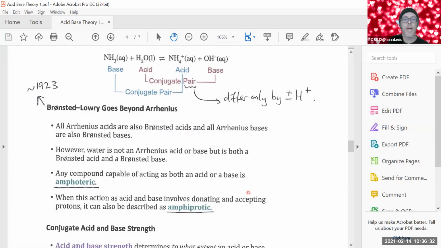Okay, so again, the Bronsted-Lowry theory built upon the Arrhenius ideas and came about a decade later, but definitely contemporary with the Arrhenius ideas. All Arrhenius acids are Bronsted-Lowry acids, and all Arrhenius bases are Bronsted-Lowry bases, but the return favor is not always true.